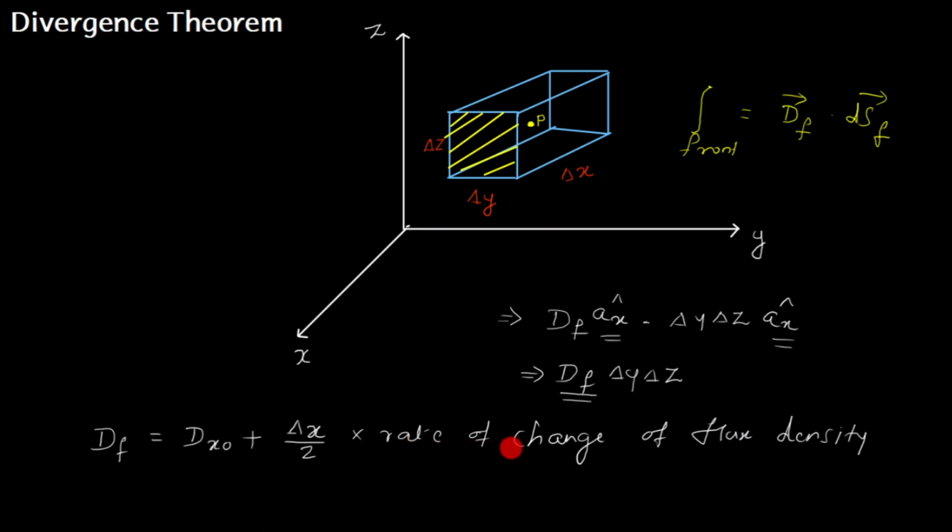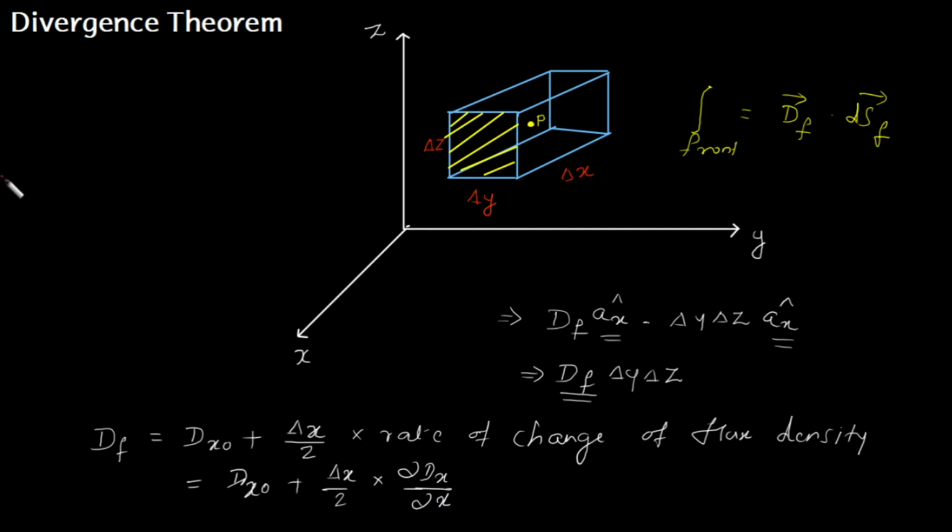Here flux density is dx, because it is the x component of d, and that is changing in the x direction. So the rate of change of flux density can be written as the partial differential of the dx component along the x direction. So I rewrite this equation mathematically as dx naught plus delta x by 2 multiplied by the partial differential of the x component of d along the x direction. I hope this is very clear.